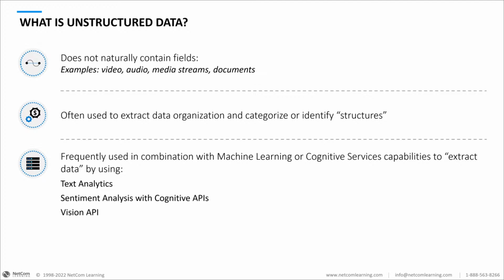Okay, so again, the metadata would be used as a structure for it, but the actual data itself is not structured. And lastly, unstructured data tends to be used in combination with machine learning or cognitive services in a way to extract data by using things like text analytics, so looking at text, figuring out the text speak, and pulling data out of that.